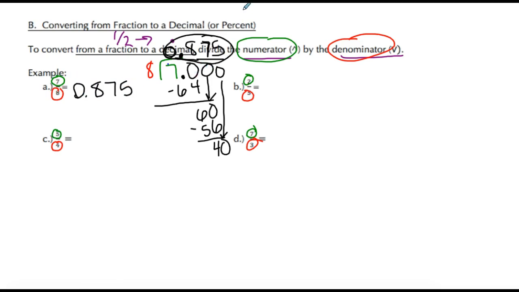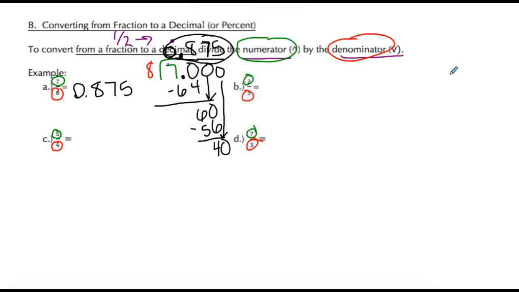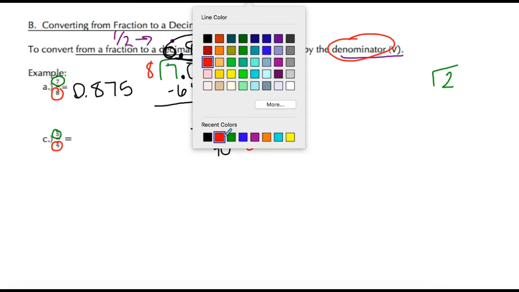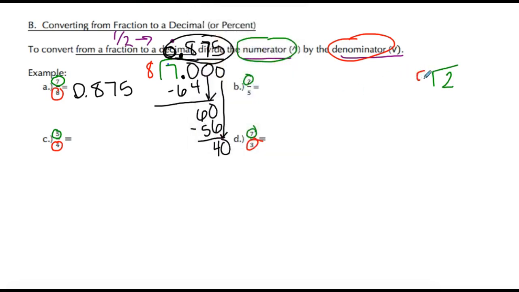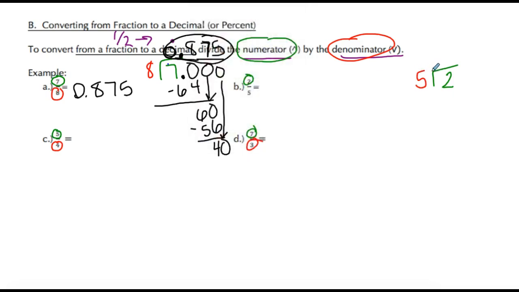Let's practice another one. So again, we take our numerator, in this case 2, and we divide by the denominator, which was 5. So I'm going to divide by 5. 5 does not go into 2, so I put my 0, decimal point, add my 0. 5 goes into 20 4 times.